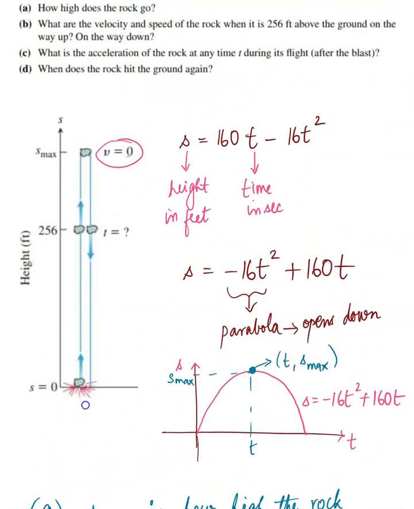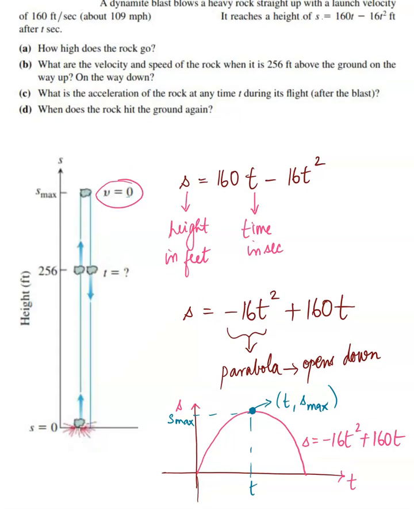What about the second part of the question? Part B says, what are the velocity and speed of the rock when it is 256 feet above the ground on the way up and on the way down? So then we are looking at this information. You know that the maximum height, we just found this to be 400.